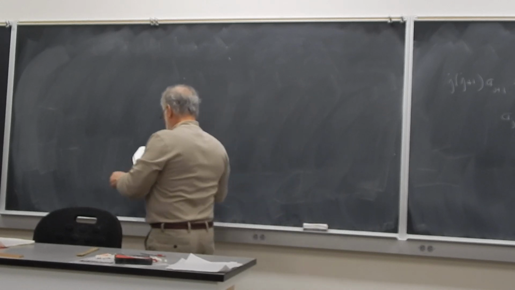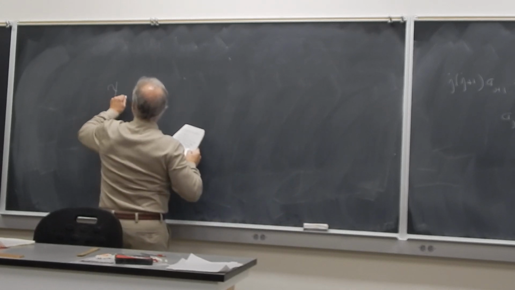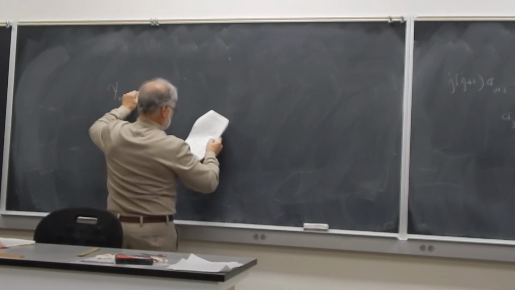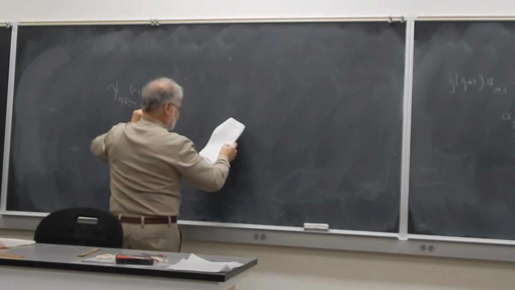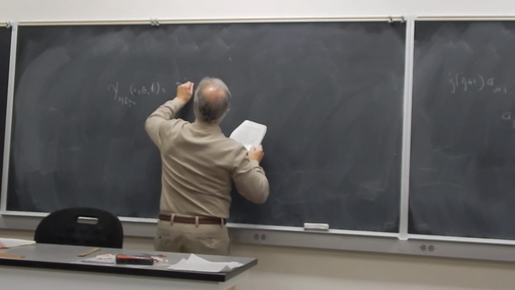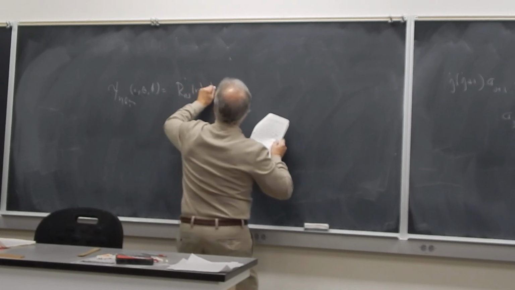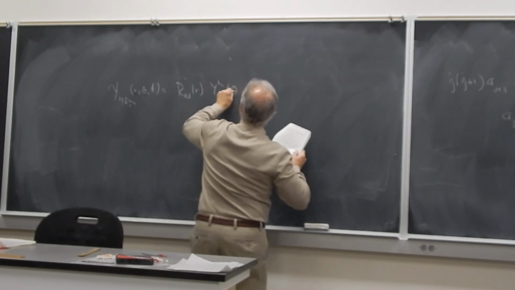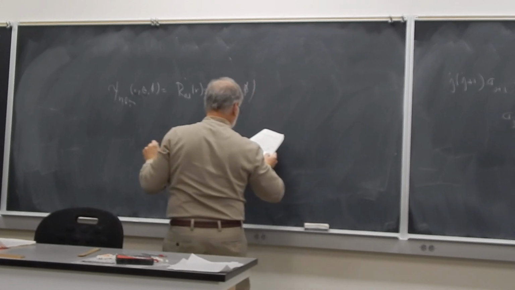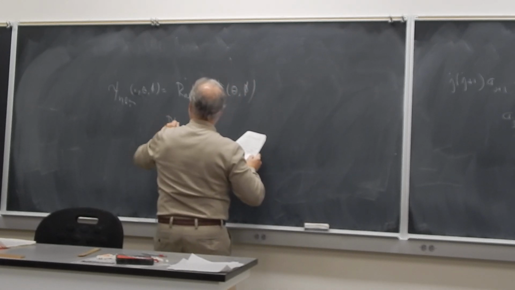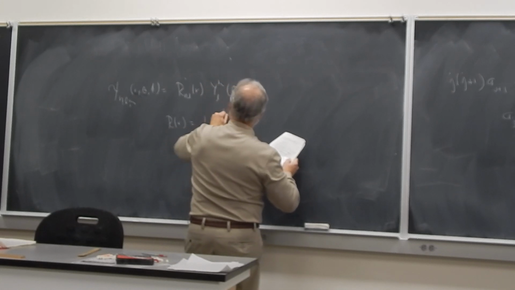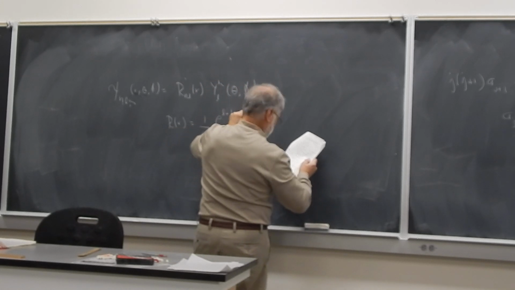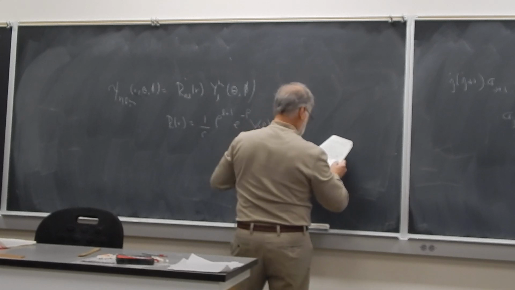I'm going to write it as psi NLM of r, theta, and phi is equal to R sub NL of r times Y sub LM of theta and phi, where R of r is equal to 1 over r, rho to the L plus 1, e to the minus rho, v of rho.